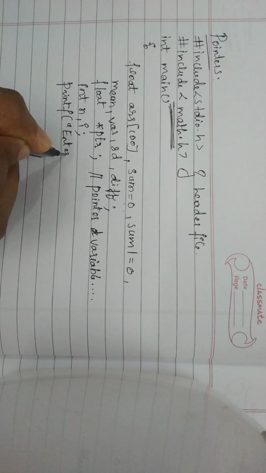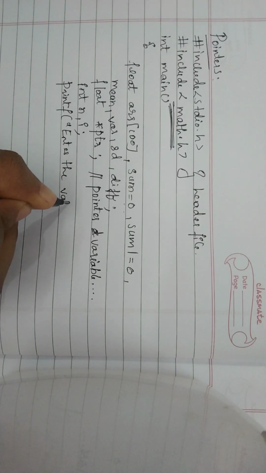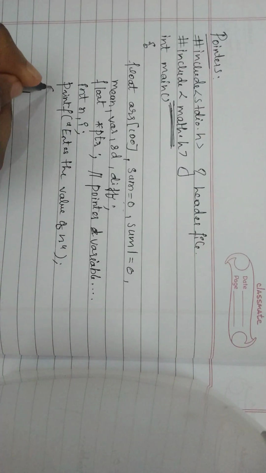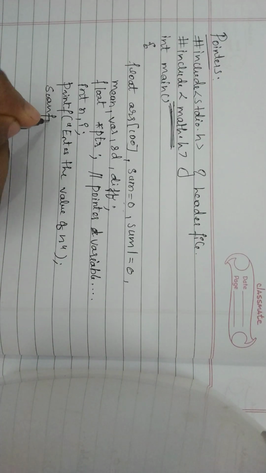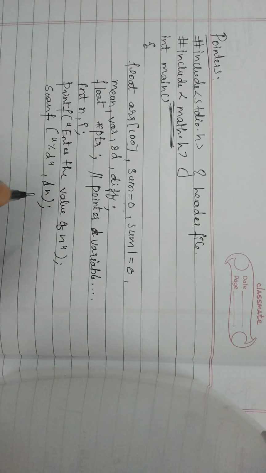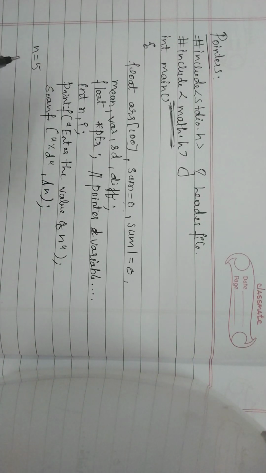Enter the value of n. We are taking the value of n as user input, %d comma &n. So let us assume n is equal to 5. Now the user will provide input 5, which means we have to enter up to 5 numbers.